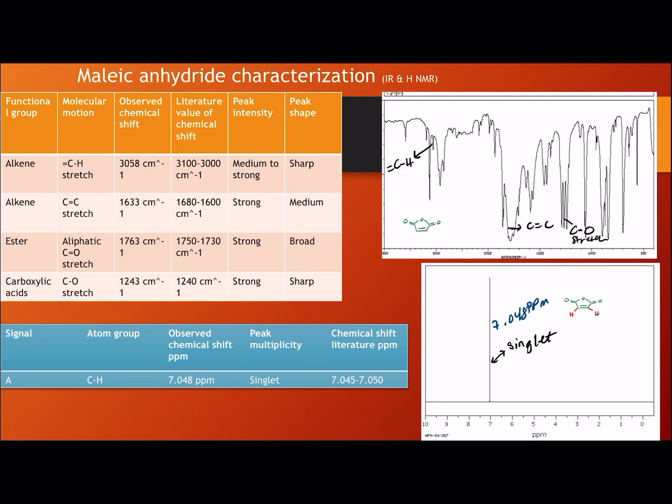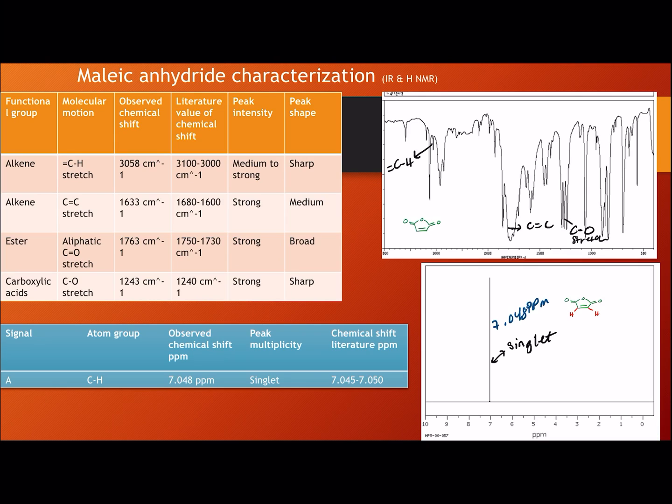We have 1 ester peak and 1 carboxylic acid C-O stretch. So we have this C-O stretch at around 1200, the ester being around 1700, the alkene being around 1600, and the double bond CH being around the 3000 region.